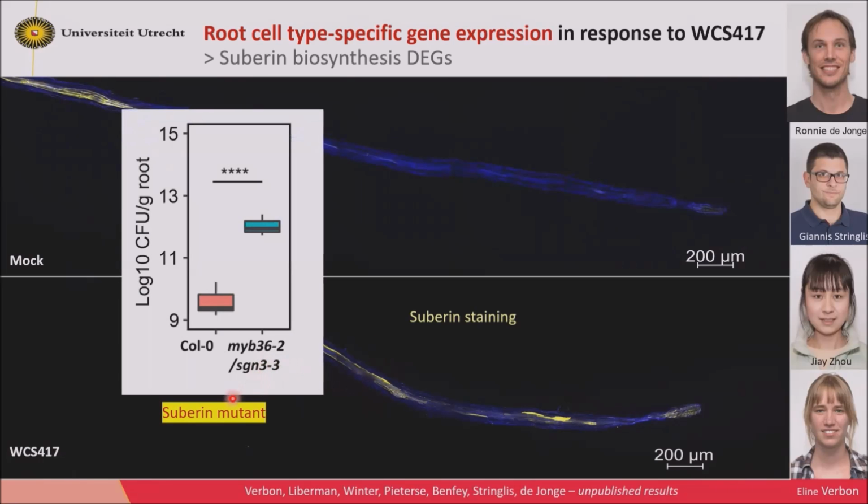If you use a mutant of this suberin gene and you colonize it with WCS417 and compare it to the wild type, you will see that this suberin mutant is much better colonized by the Pseudomonas bacteria than the wild type. So from this we conclude that this suberization is very important for creating a balance in the number of microbes that colonize the root system.